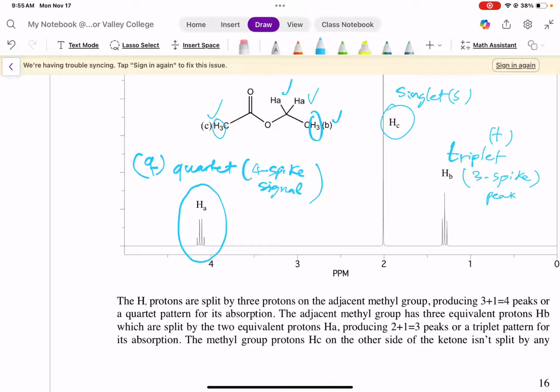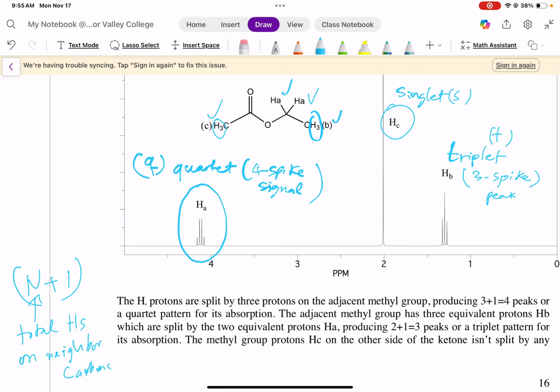Okay, now let me explain real quick. This depends on n plus 1. Okay, so the rule is n plus 1 rule. N is the total hydrogens on neighbor carbon.